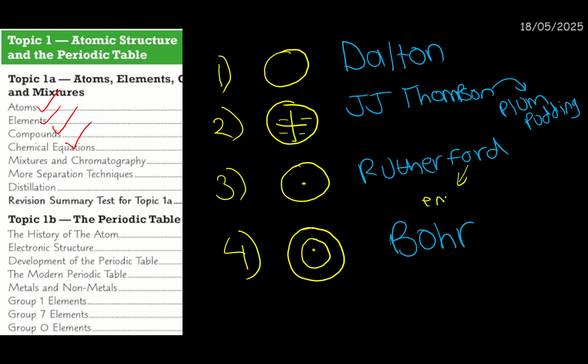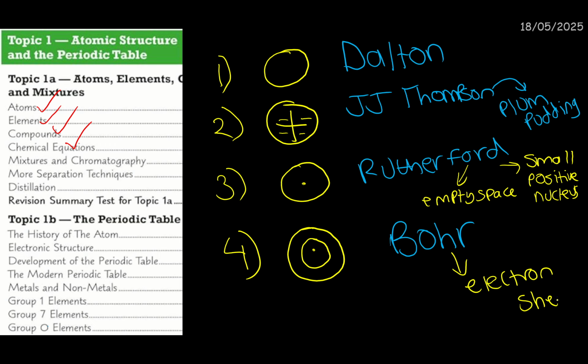Empty space. And he said that we've got a small positive nucleus. And then Bohr came up with electron shells. So be aware of the development of the atomic model, because you might potentially be asked a 6-mark question on it.